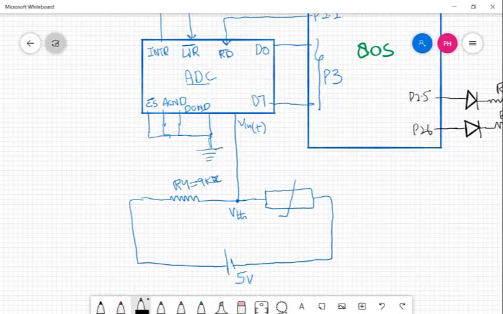So we have CS, A ground, D ground, and also V in negative.